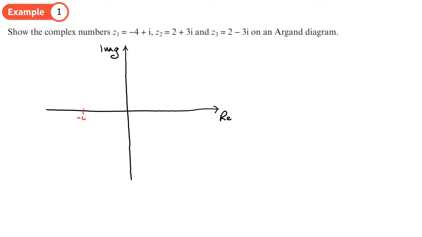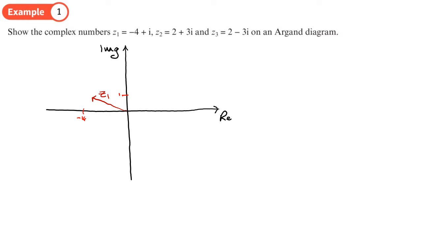So -4 and 1. I can represent it as a single dot, or I can display it as almost like a vector, an arrow, which goes like that. So you can do it either way. I want to do it as an arrow. So this is Z1.